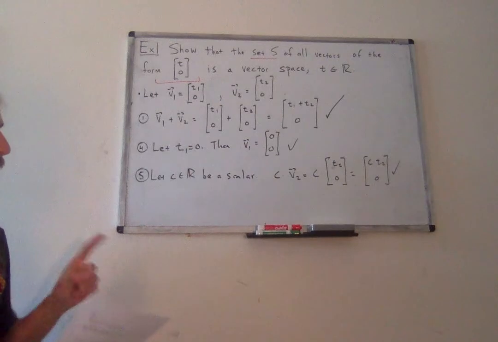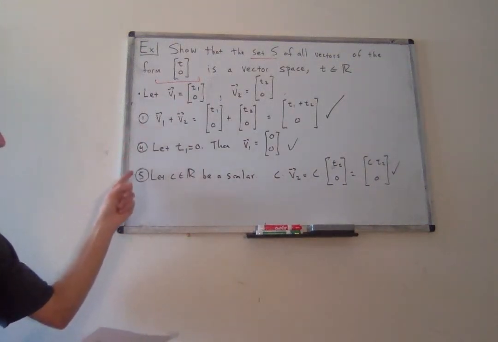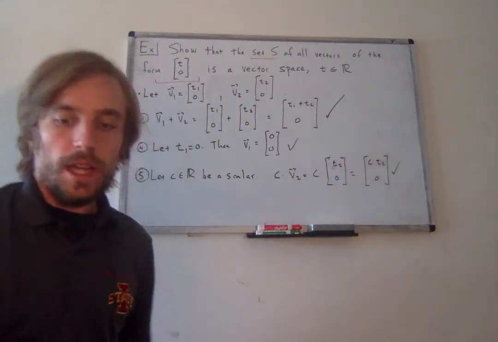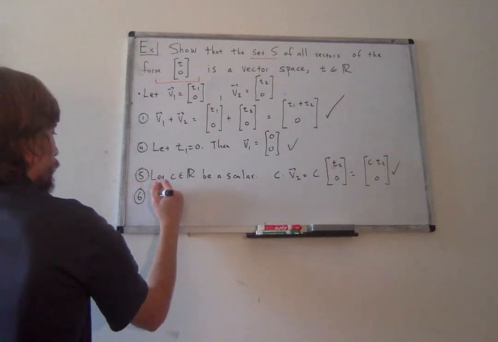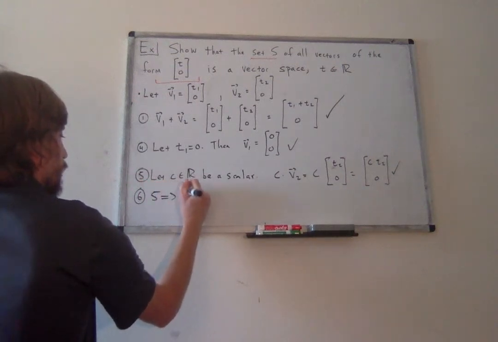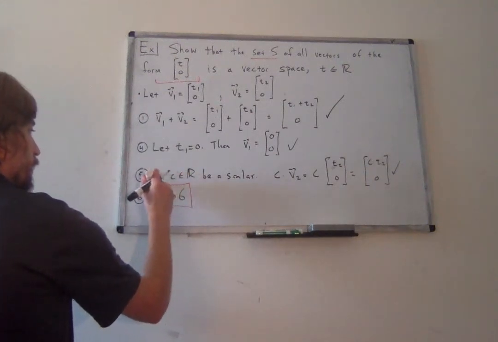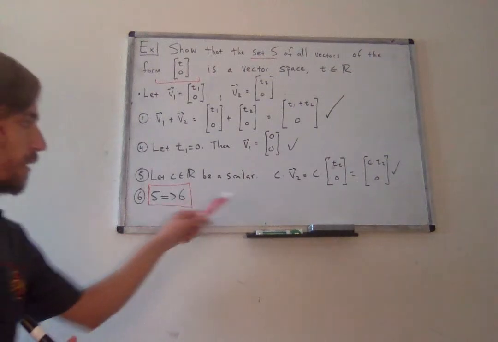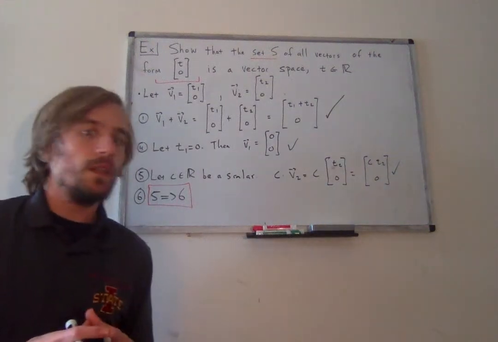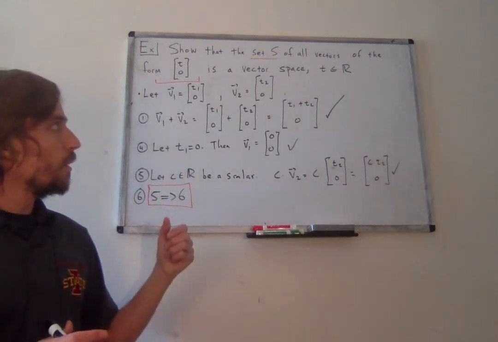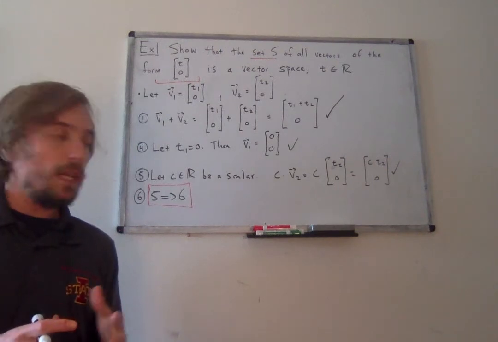So, something really interesting. Actually, I only needed to check 1, 4, and 5, and I'll show you why. So, in fact, we're going to check 6, but I'm going to show that 5 will actually always imply 6. Right? So remember, property 6 is that the additive inverse, or the negative of a vector, should always be contained in the space.